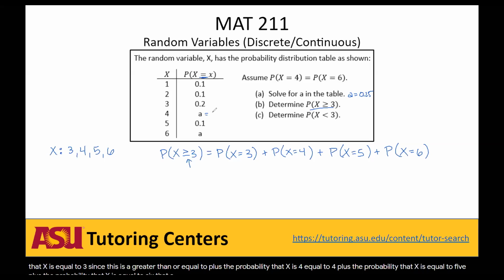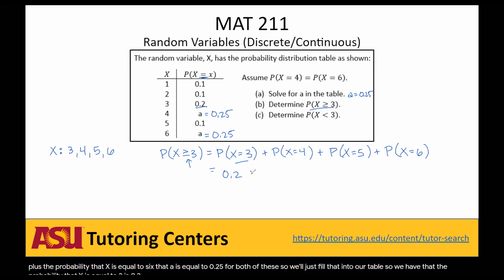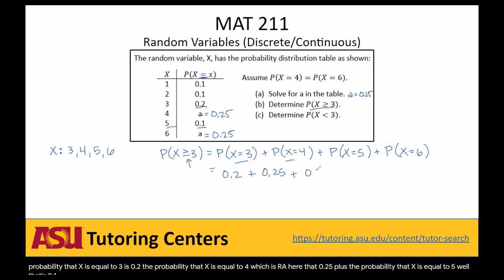Now remember that A is equal to 0.25 for both of these, so we'll just fill that into our table. The probability that x is equal to 3 is 0.2, plus the probability that x is equal to 4, which is our A here, that's 0.25, plus the probability that x is equal to 5, well, that's 0.1, and then plus the probability that x is equal to 6, which is again 0.25.